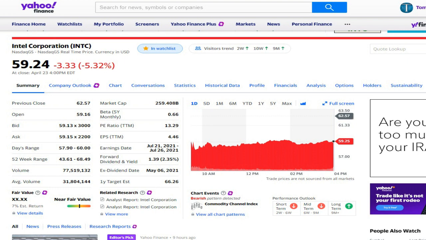Look up INTC and you'll find information on Intel, and every stock on the NASDAQ or New York Stock Exchange has a symbol, several letters, and that helps you find the stock more quickly. We find that it has closed at $59.24, and it was down over 5%.